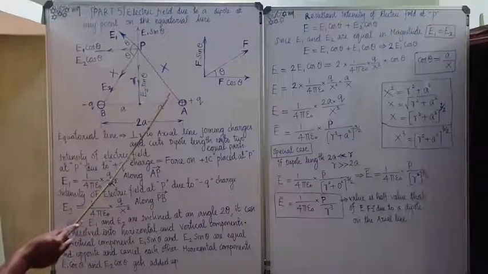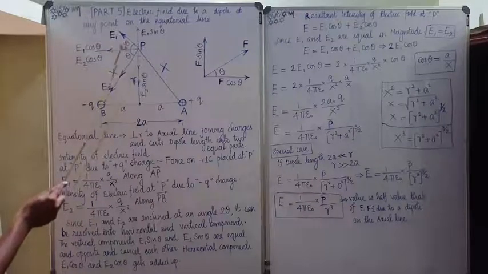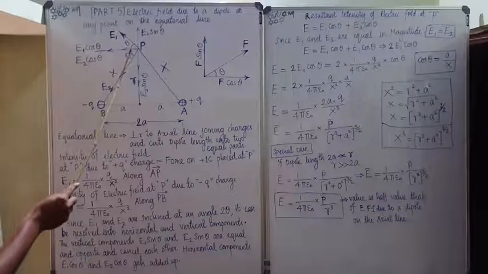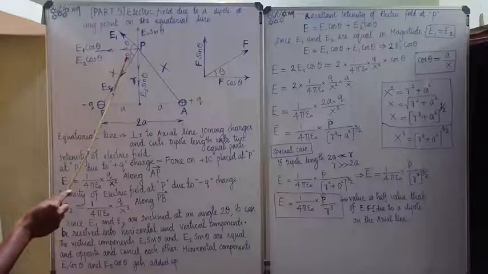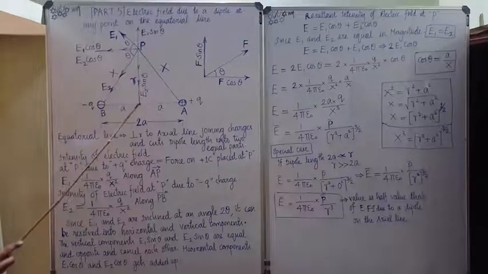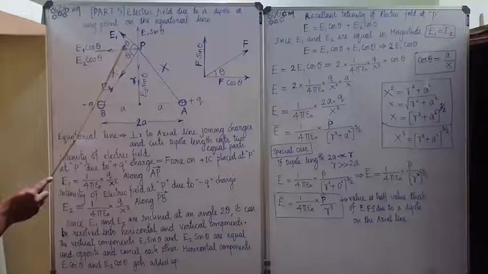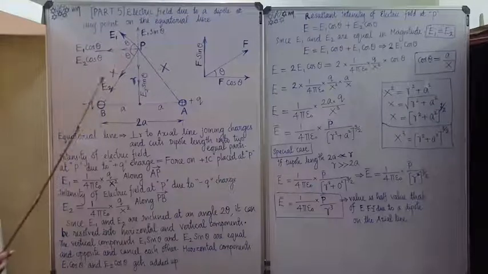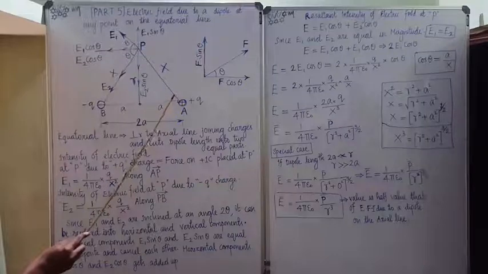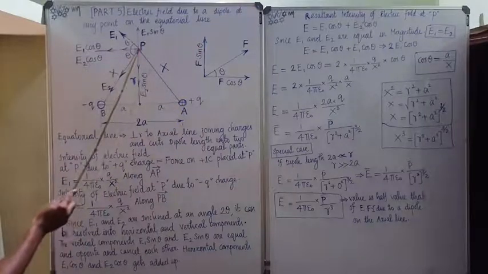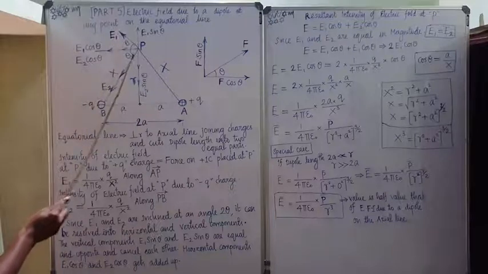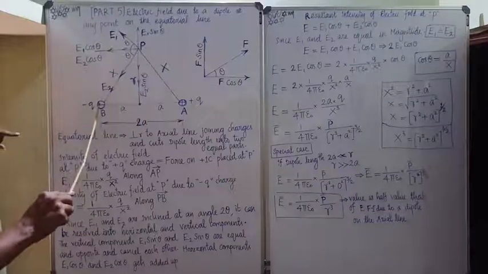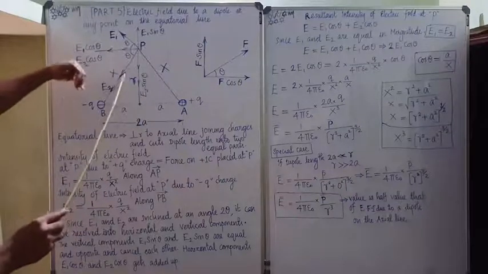So a theta angle is selected here and another theta angle is selected here; these two are equal angles. Then the field intensity E1, starting from Q and going out through P, is noted, and the field intensity E2, from P towards the minus charge, is directed perpendicularly towards it.